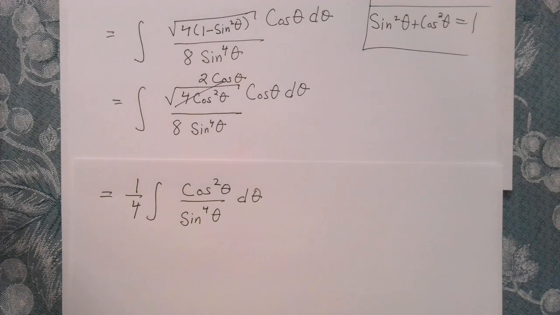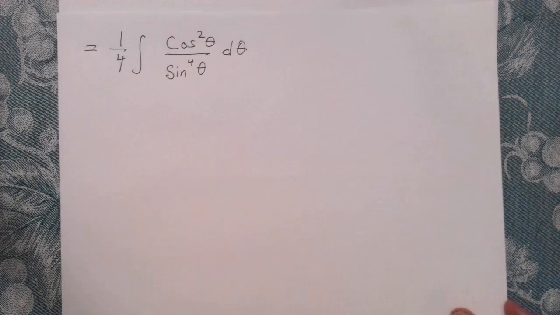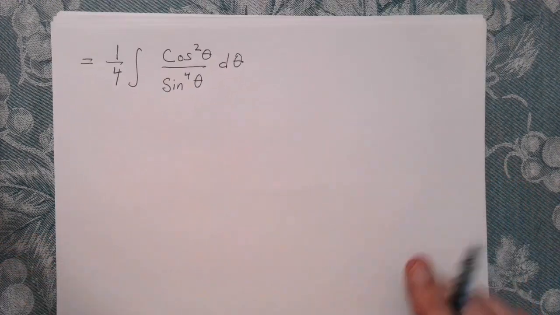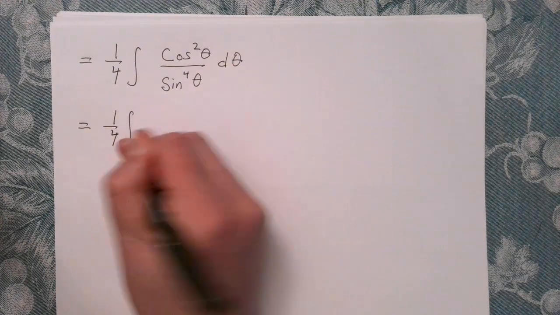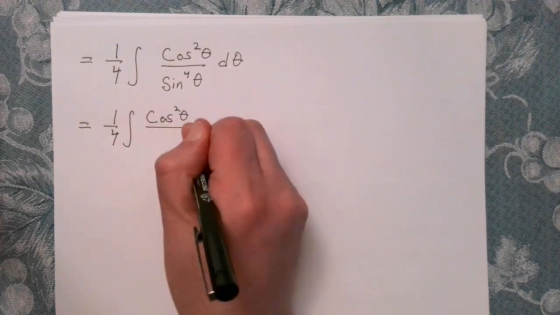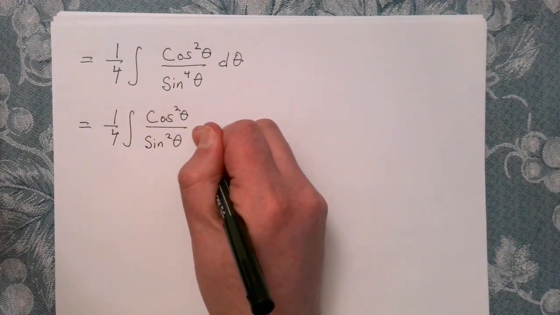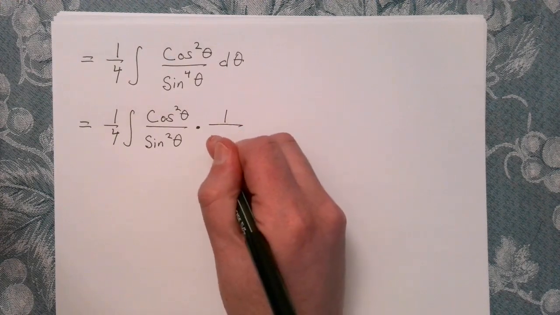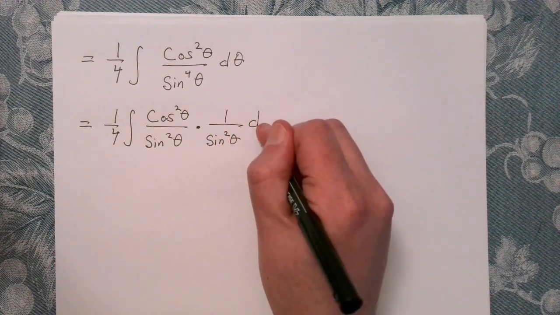Okay, well, it doesn't look like a substitution would be so helpful right now. Maybe we could split this up. So maybe I could think about this as cosine squared of theta over sine squared of theta times 1 over sine squared of theta d theta.